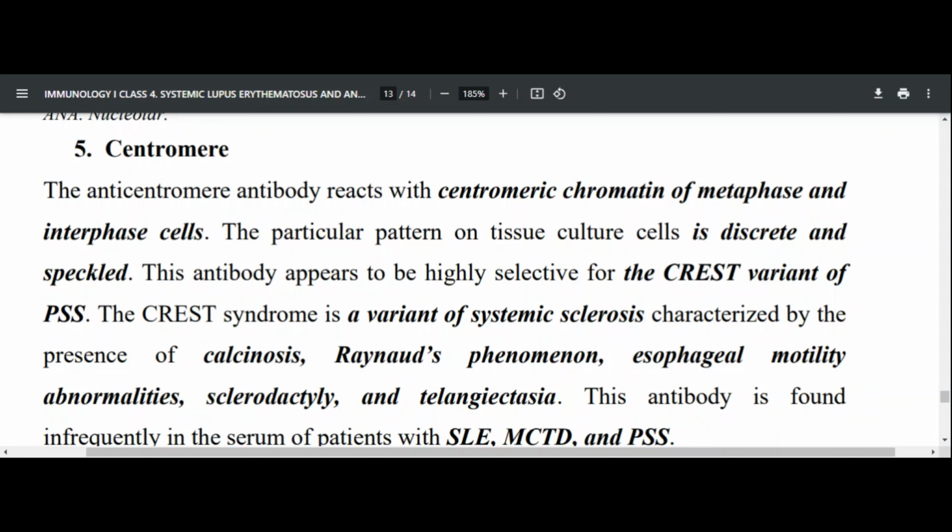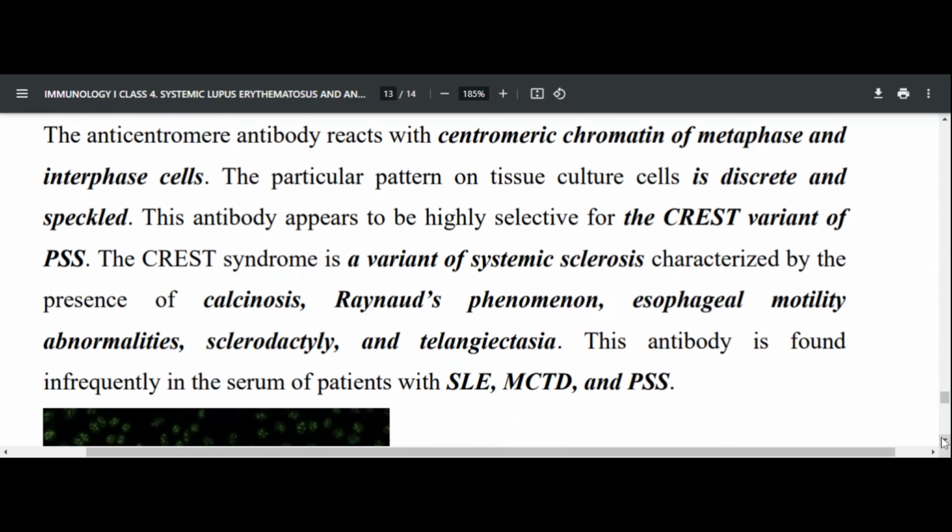So these antibodies are found infrequently in the serum of patients with systemic sclerosis, I mean SLE, MCTD, and PSS. So this is the antibody against centromere. It is found in PSS, but not in all types of PSS, only PSS with the CREST variant.